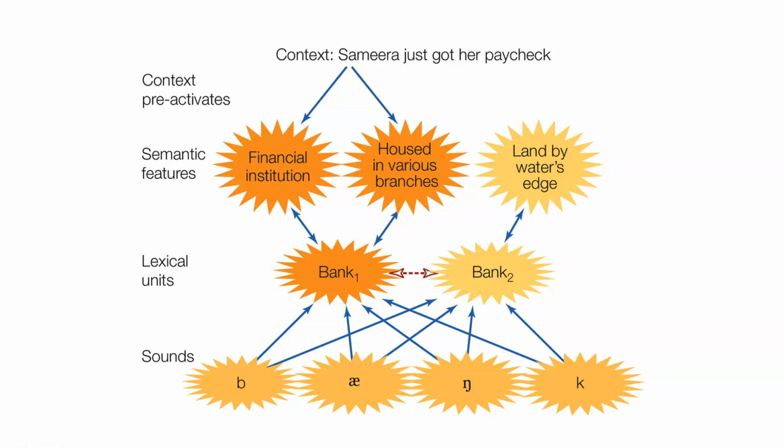And we can see that in sophisticated experimental tasks, like lexical decision making, where we ask whether you can recognize that the word river, which is semantically related to the word bank, is more quickly activated after hearing a sentence about Samira taking her paycheck to the bank. And in fact it is, which suggests that despite this inhibitory action, this word is still being activated to a greater extent than we would expect just by chance.